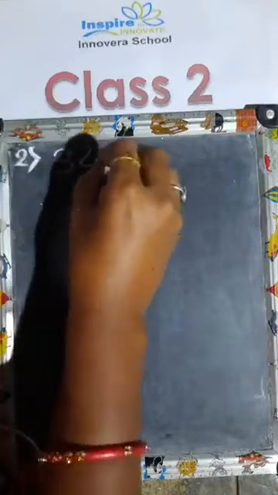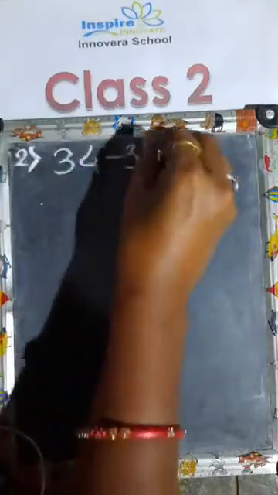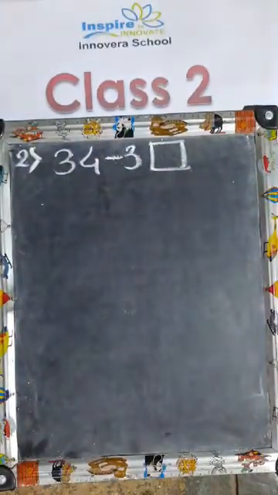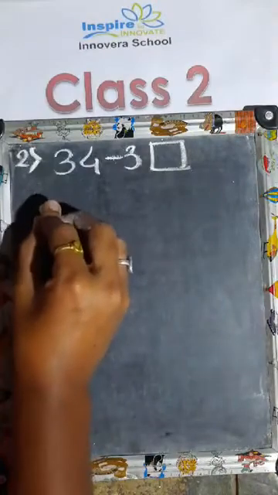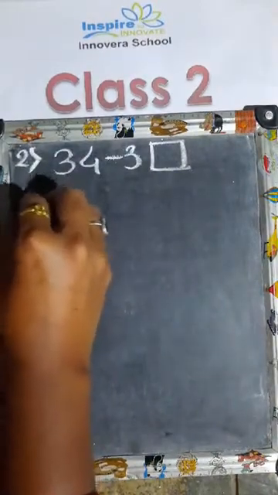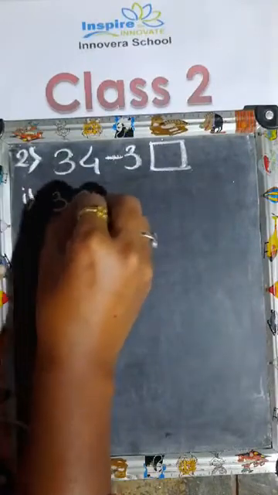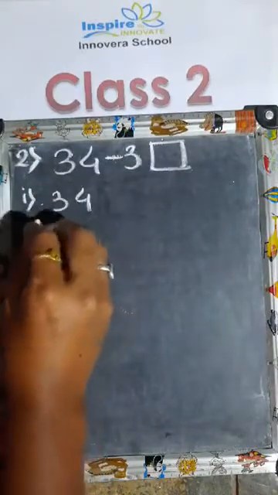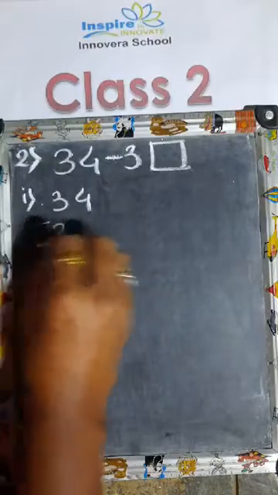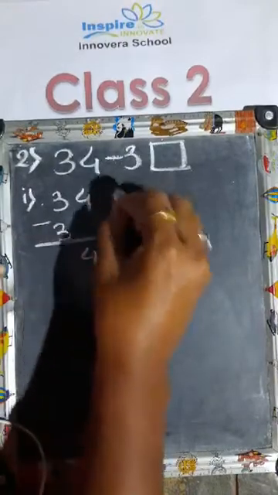34 minus 3. This is a 2-digit number subtraction. And here 3 options are given. So you are going to tell me which one is the correct one. 34 minus 3 is equal to 4.